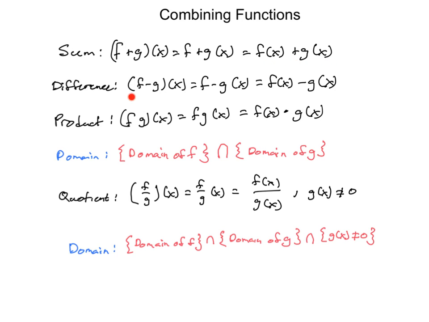The difference, (f - g)(x), or just f - g, is f of x minus g of x. The product is (f times g)(x), or f times g without the parentheses, and that's f of x times g of x.